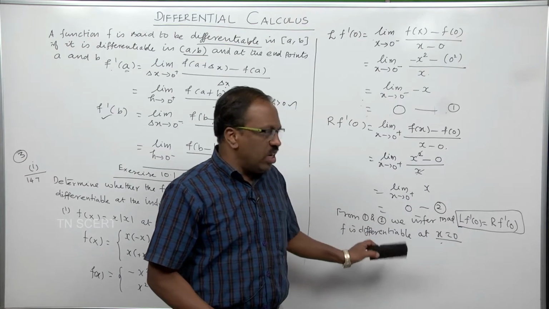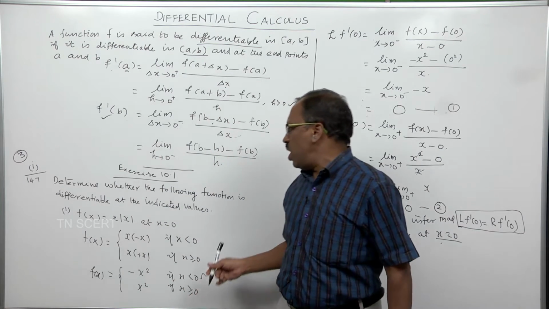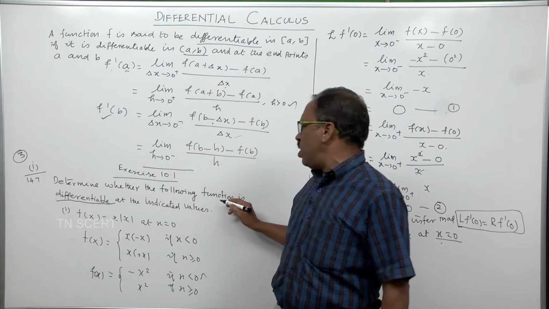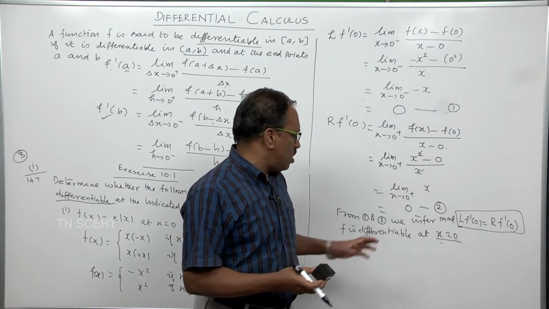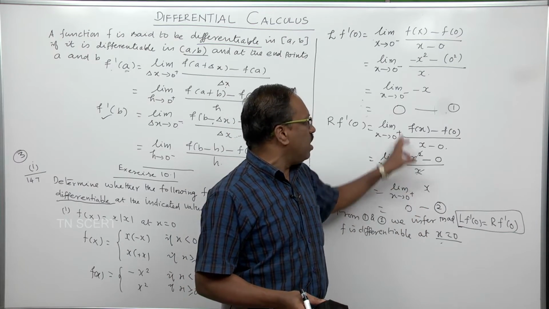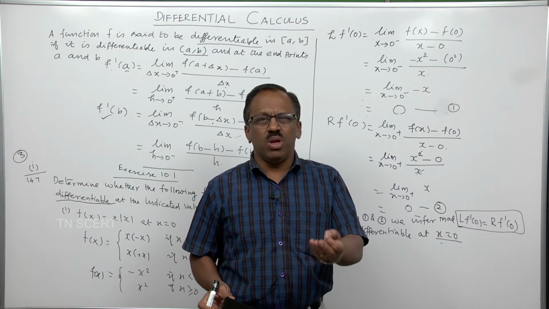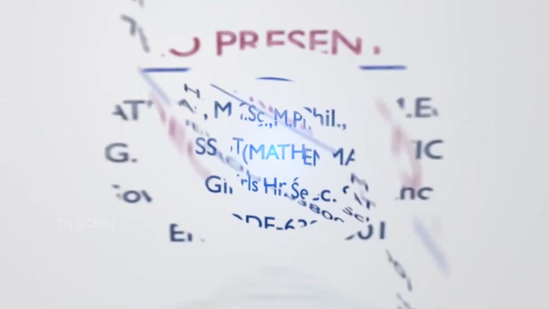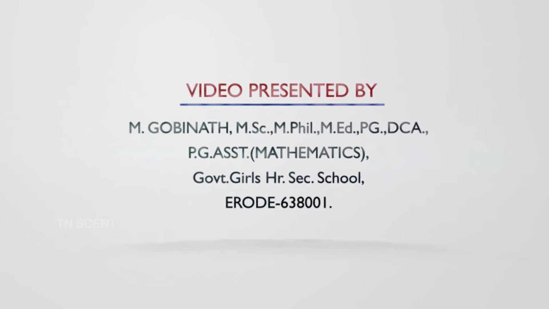The question they asked is whether it is differentiable or not. So it is differentiable at x is equal to 0, because both values indicate the same answer. Very simple, easy one.